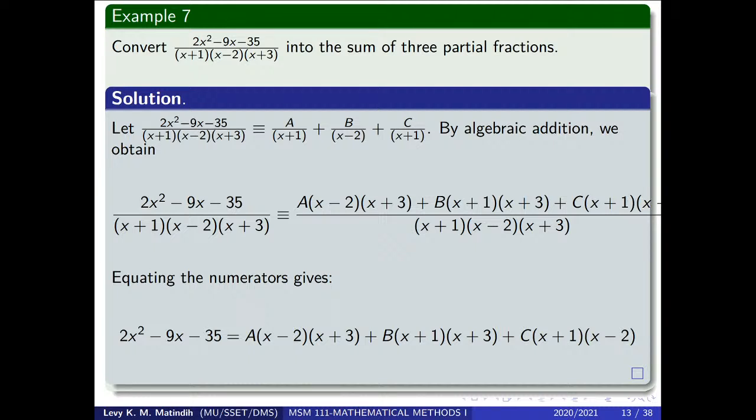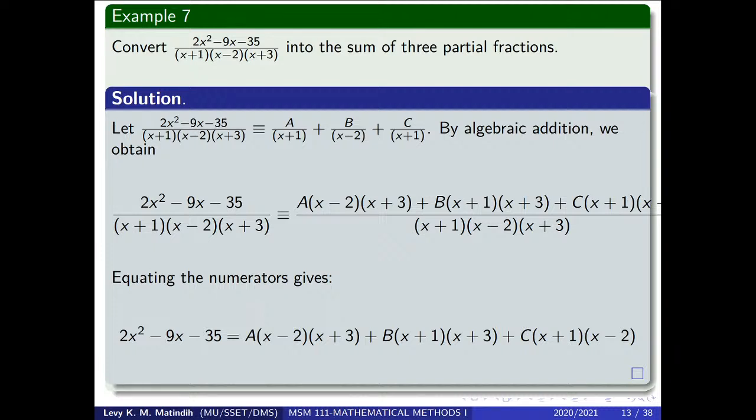Now, if you look at these two expressions on the right hand side and on the left hand side, you check that these expressions have the same denominators. If they have the same denominators, the only possibility is that the numerators are the same.